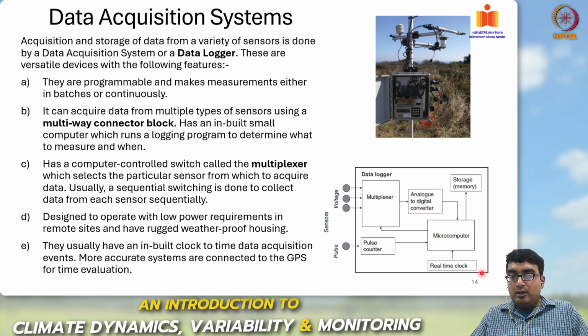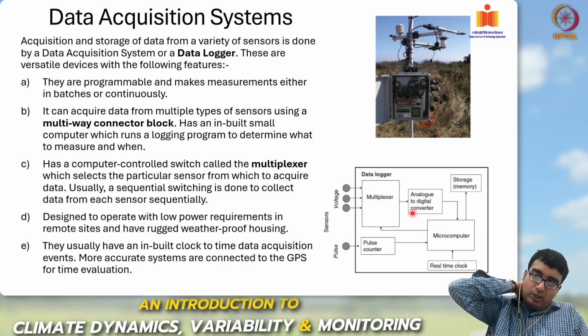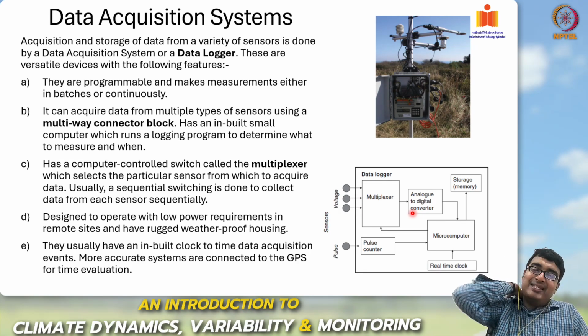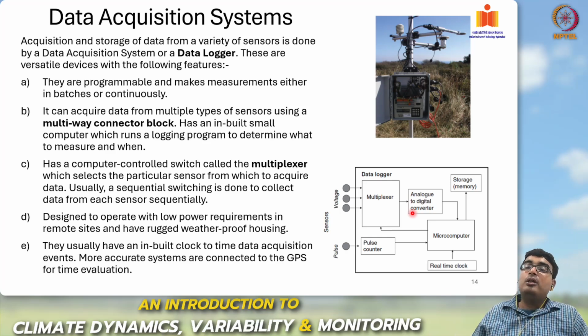This is the data logger proper. You have this multiplexing switch which is switching between the various types of sensors. Then you have an analog to digital converter. This is particularly useful for the voltage conversion. We will see why voltage sensors that give voltage output require an analog to digital converter.